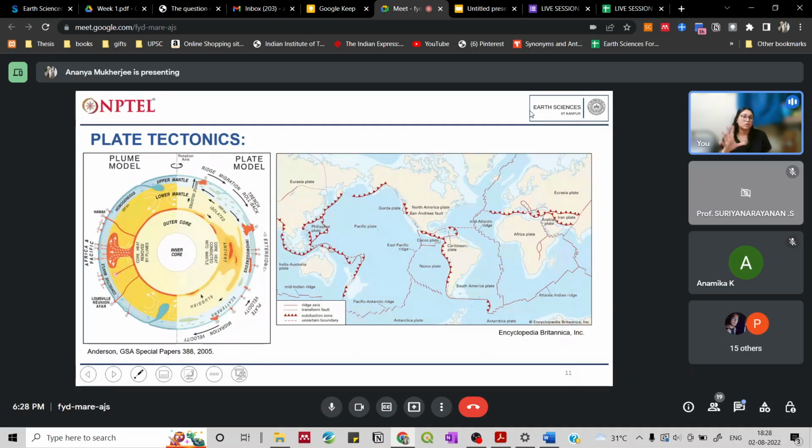Because of these processes, there are different models that have been suggested. The plate model is what I just explained to you, where you have ridge formation, where the plates are moving away from each other, and where they are colliding with each other.